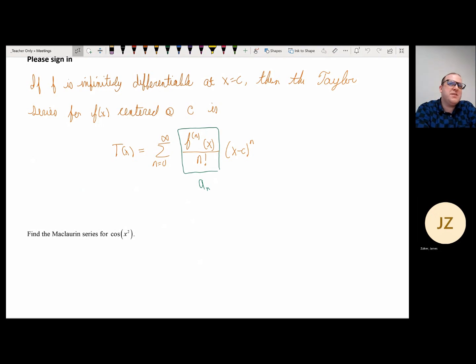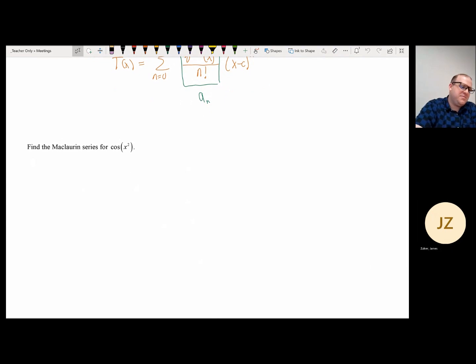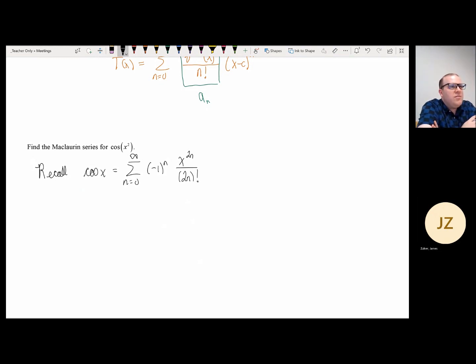I believe cosine of x has already been derived. That should be, yeah, for all x.